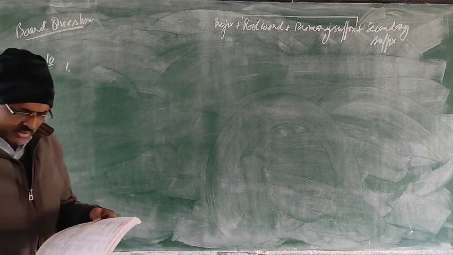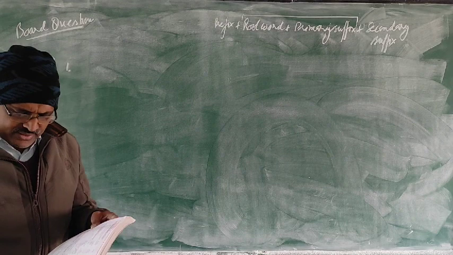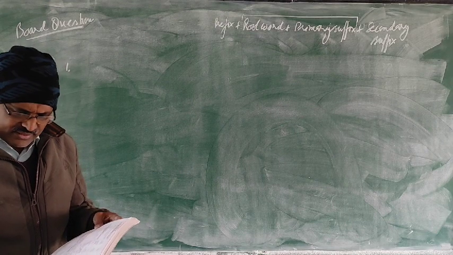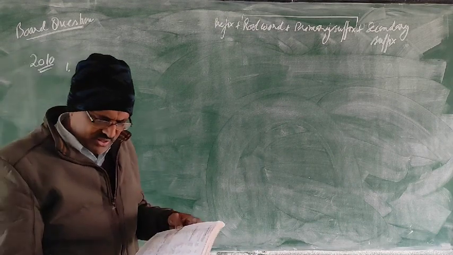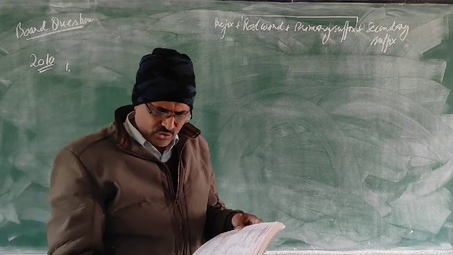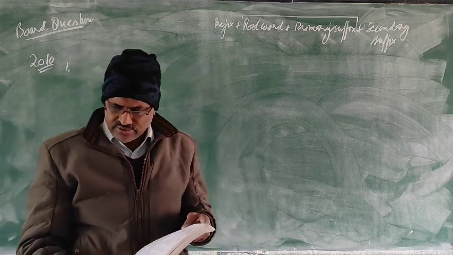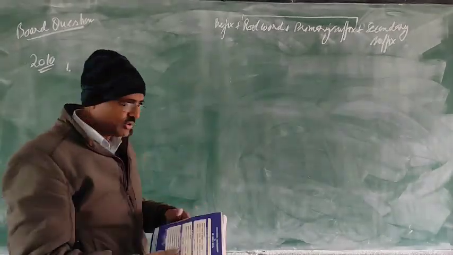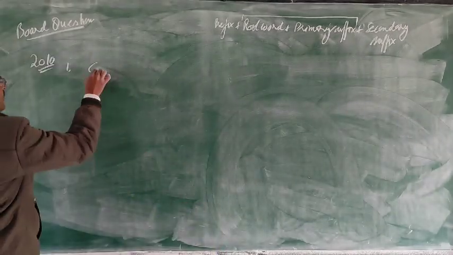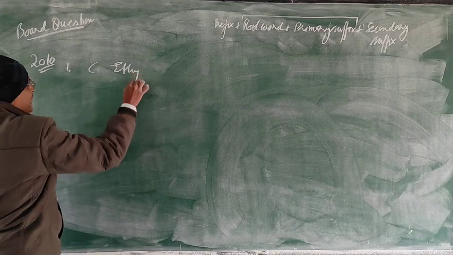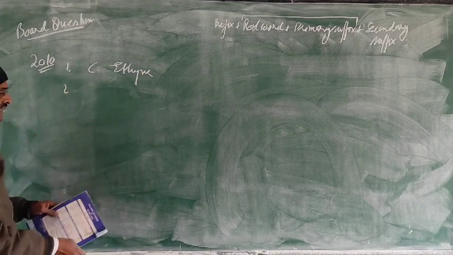First one: select the correct answer. The organic compound which gives a red precipitate with ammoniacal cuprous chloride and undergoes addition. You know that only ethyne is there. So your correct option is C, that is ethyne.